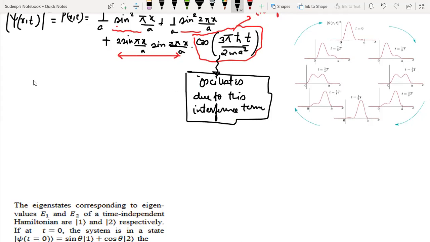And I had done it before also. What would be the time period of oscillation? It will be equal to 2πℏ upon E2 minus E1, and that is equal to what? It is simply 4ma² upon 3πℏ.